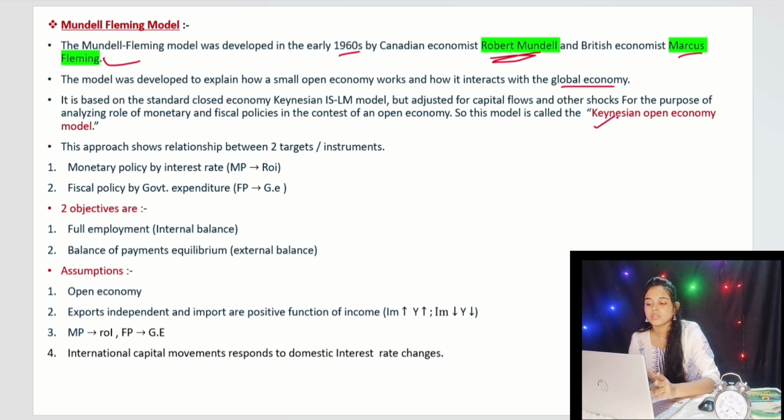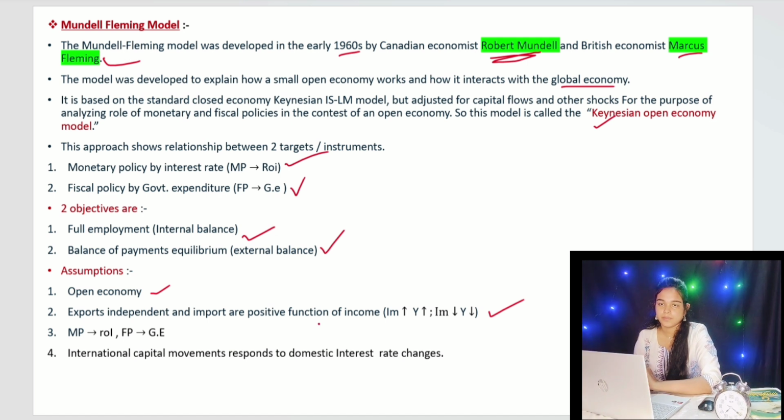This approach shows the relationship between two targets, through monetary policy by interest rate and fiscal policy by government expenditure. There are two objectives: full employment, which is internal balance, and external balance, which is balance of payments equilibrium. The assumptions are an open economy, a small open economy, exports independent, and imports a positive function of income.